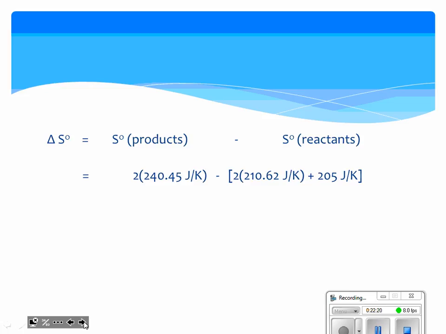And when I multiply the ones I have 2 of, I should have 480.9 joules per Kelvin minus parentheses 421.24 plus 205. Now, why did I add these together here? Because they are both reactants, aren't they?